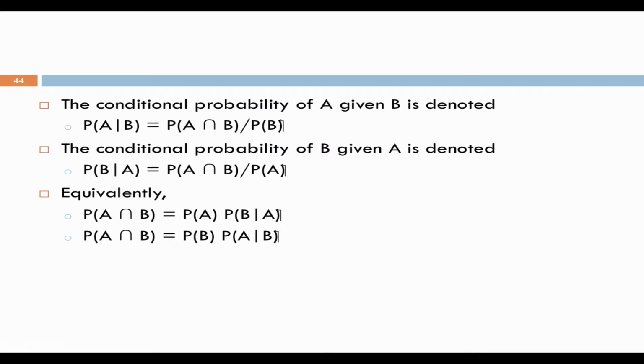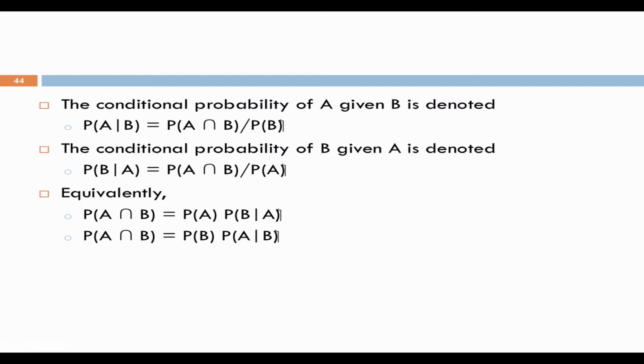So if I ask you for the probability of A conditional on B, that asks you the probability of A happening when B already happens.